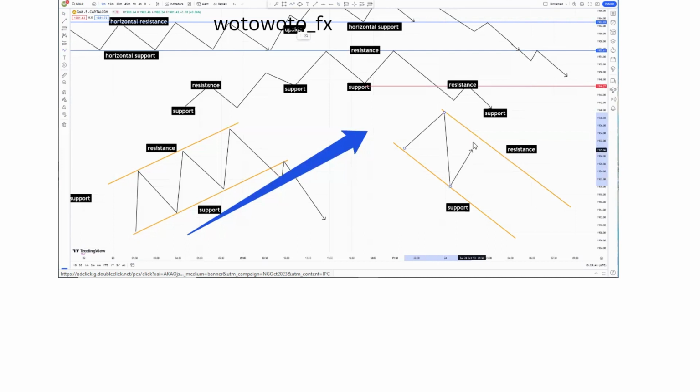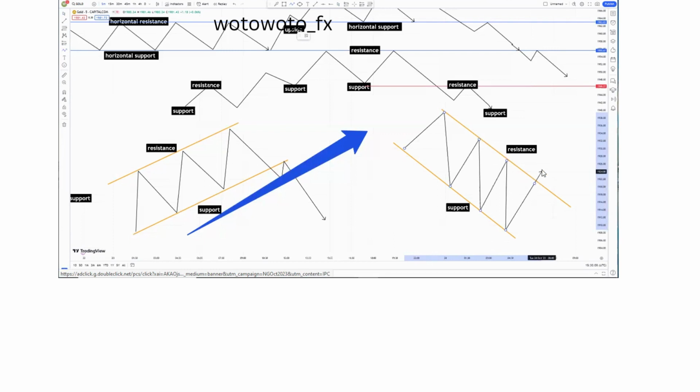Then before you know it, price goes up and taps the resistance level, comes down to the support level, resistance level. It keeps on tapping on this level. What we call a level is because you see this line, then you also see this line. So this one is the support level, while this one is the resistance level.